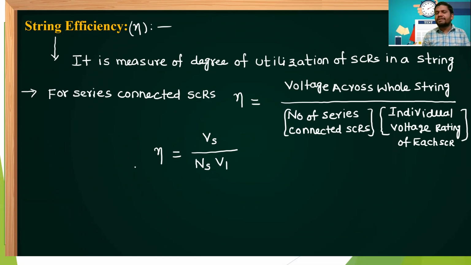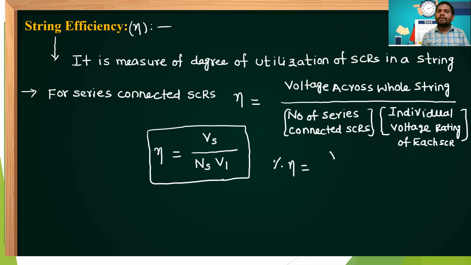The string efficiency eta equals Vs by Ns into V1. This is the fractional string efficiency. We can also write it as a percentage; if you want percentage, multiply by 100. That's the only difference: percentage string efficiency equals Vs by Ns into V1 into 100.